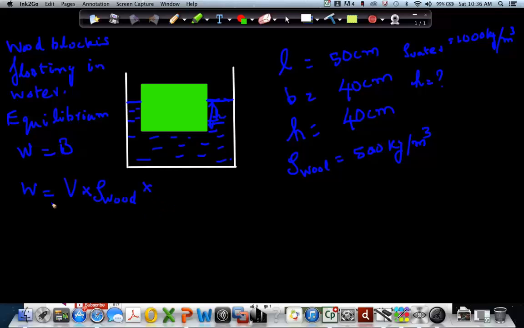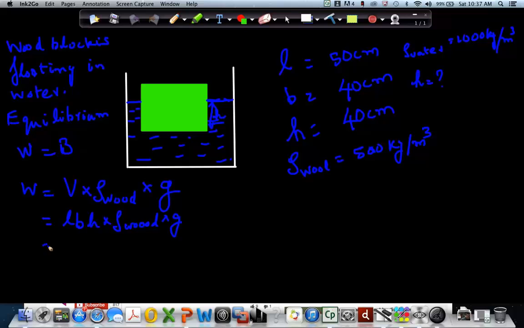Mass into what gives weight? Mass into acceleration due to gravity, right? Mass into acceleration due to gravity always gives weight for any matter. If the mass is known, just multiply by the acceleration due to gravity, you get weight. So the weight is volume of the wooden block into density of wood into g, which is nothing but LBH into rho wood into g.